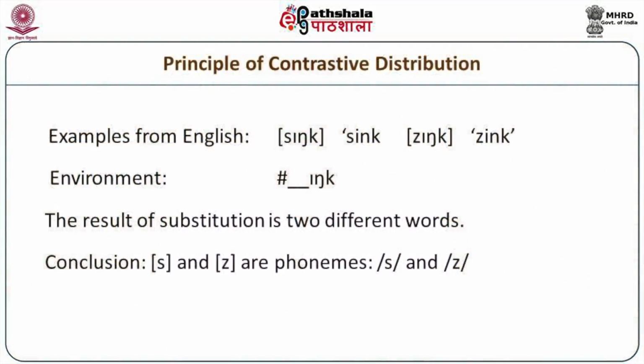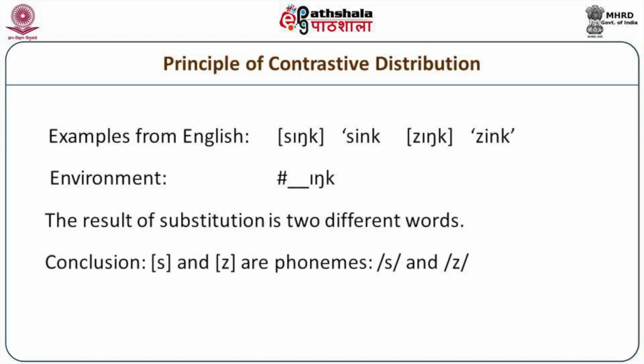Now let's take a look at how the principle works. We have the examples here, sink and zinc. When we look at the environment, the context for s and z, we find it is identical. There is a word boundary before the two sounds, and there is an identical sequence of sounds after them, namely ink.